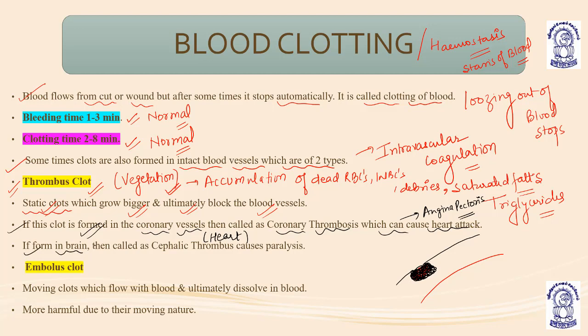If it is formed in the brain, it is known as cephalic thrombus, which causes paralysis. In case of cephalothrombosis, what happens basically is that the clot creates undue pressure on a nerve, or it stops the blood supply.